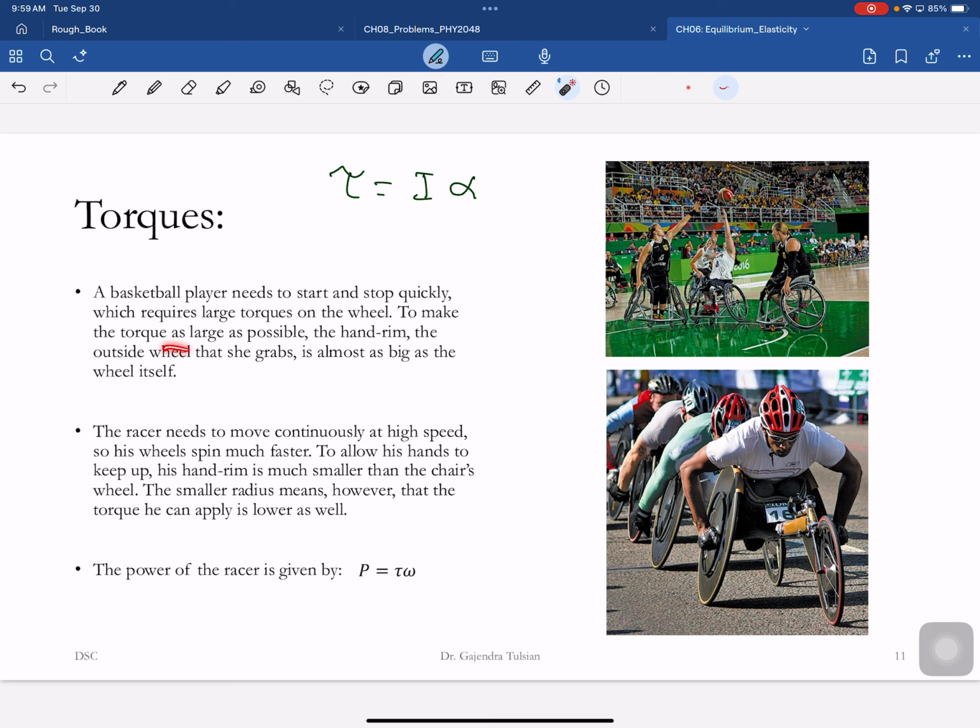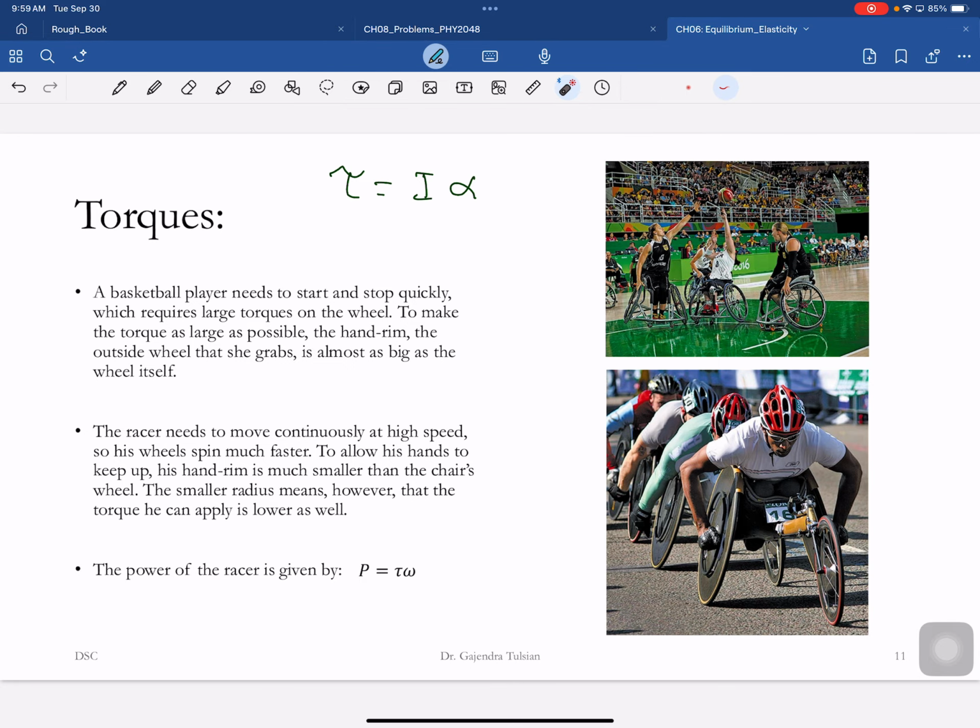To make the torque as large as possible, the hand rim, the outside wheel that she grabs, is almost as big as the wheel itself. You could make it bigger too, except that then the metal would be touching the floor, and you don't want that. You'd be ruining the floor.